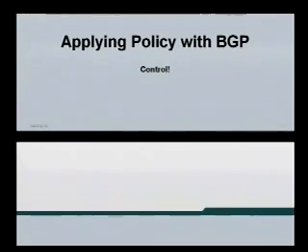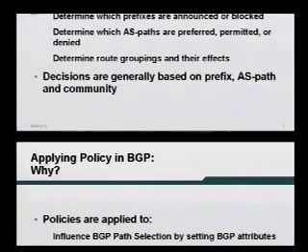So, what else? About applying policy with BGP, well, policies are applied to try and influence how BGP selects the paths through the network. BGP has attributes. These attributes can be manipulated to apply policies. And policies generally mean determining which prefixes are blocked, which prefixes are announced.